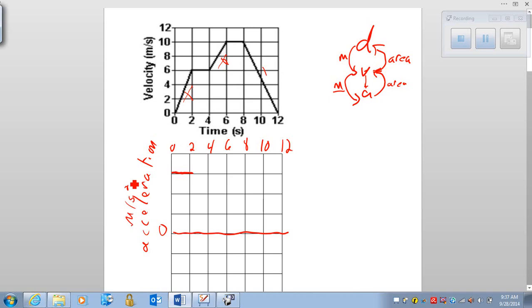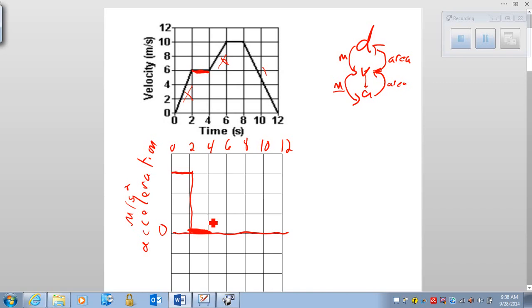At that point in time, you notice on our velocity time graph we have a straight level line, which does not mean the object stopped, it just means it stopped accelerating. So we still have velocity, but we don't have acceleration. So our acceleration graph is going to go down to the bottom here, and we're going to have a straight line at 0.